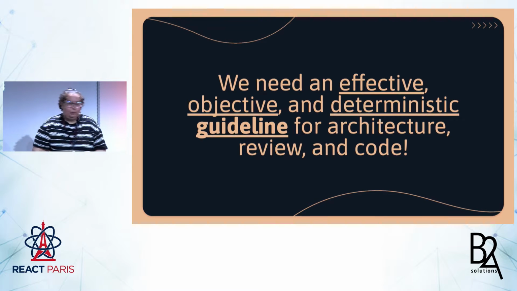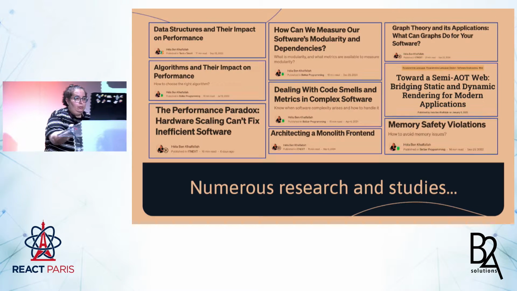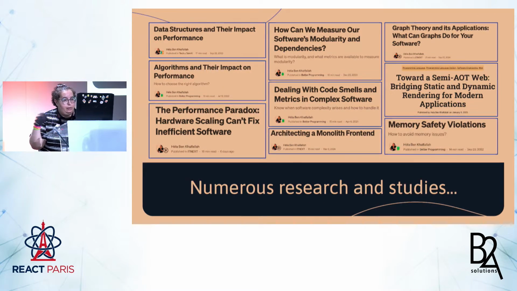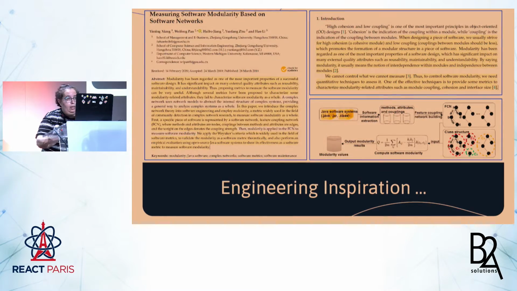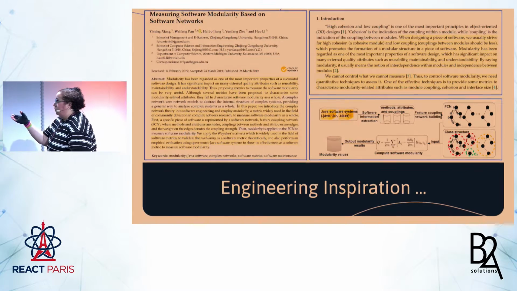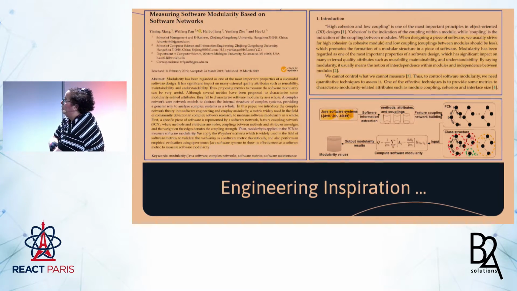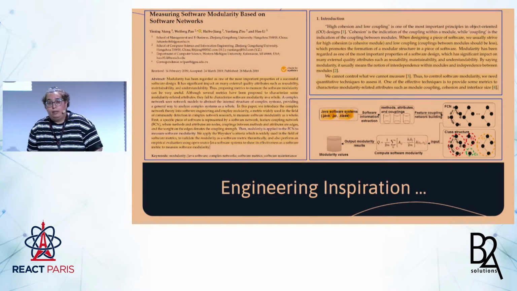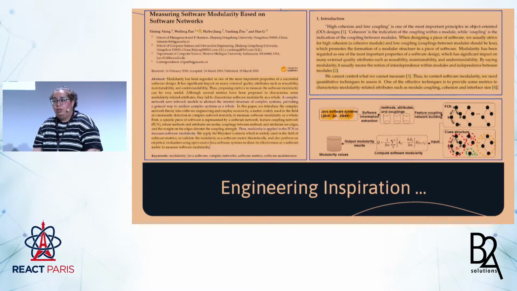So, based on numerous studies and research, and getting inspiration from literature and from engineering, I found that we can use many mathematical aspects to control and to assess our software architecture by viewing our software as a network of files, a network of packages.